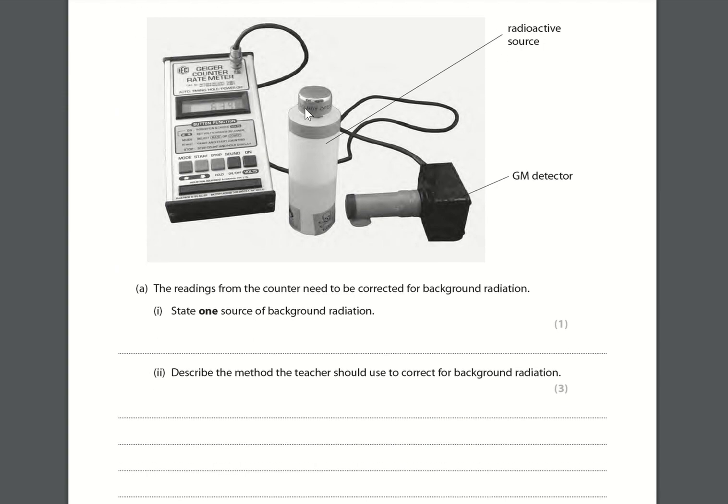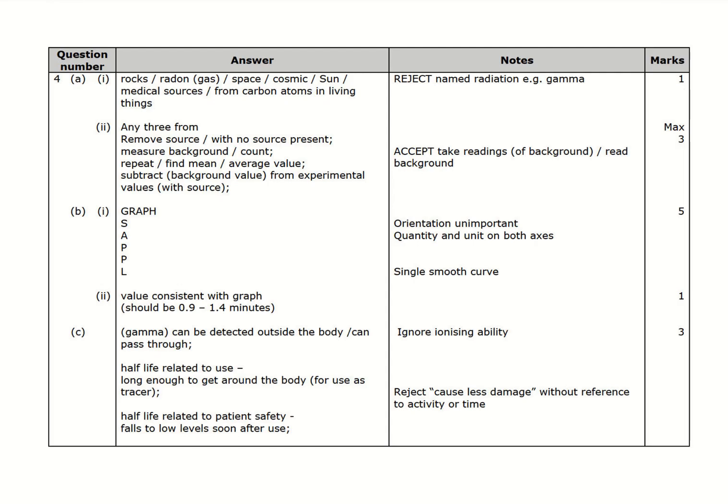Describe the method the teacher should use to correct for background radiation. Remove the source, or with no source present, measure the background count. Repeat and find the mean average value.